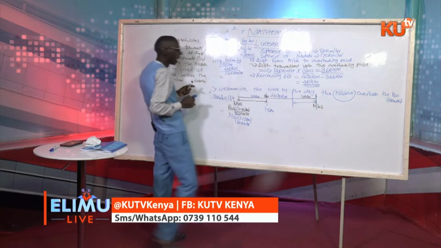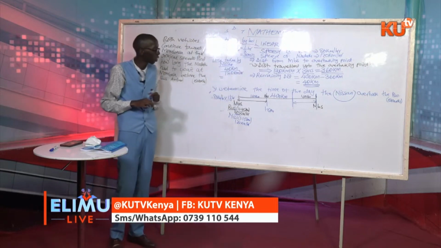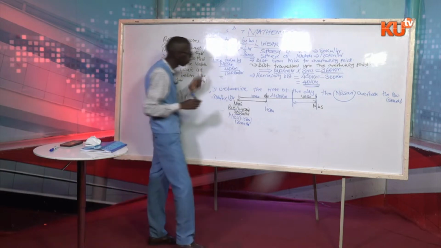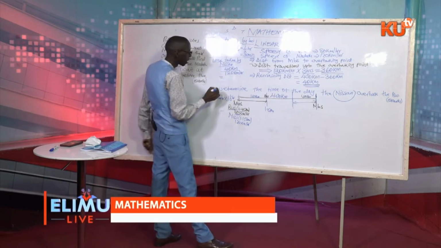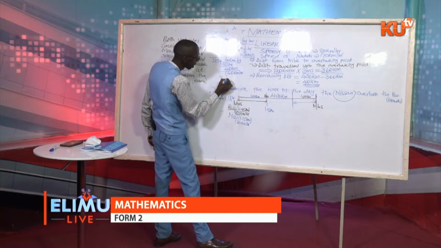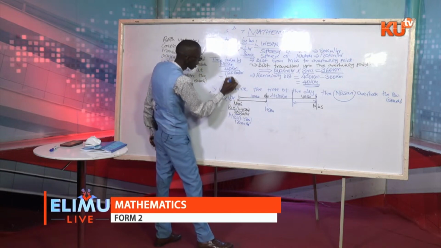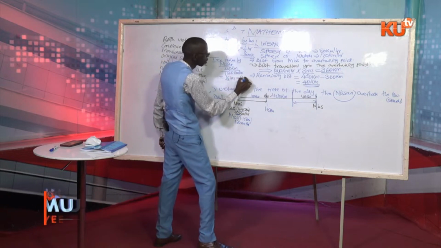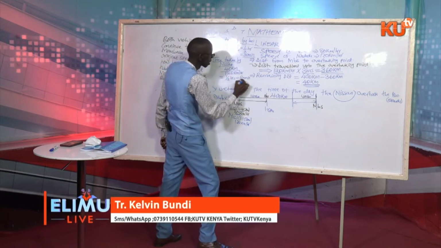So how long did the Nissan take to arrive to Mombasa? This will give us 40/120, which is 1/3 of an hour, which when converted to minutes is 20 minutes.